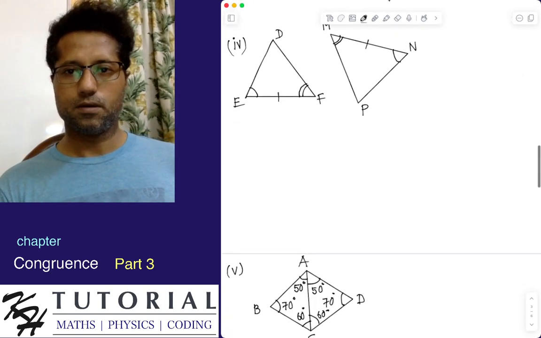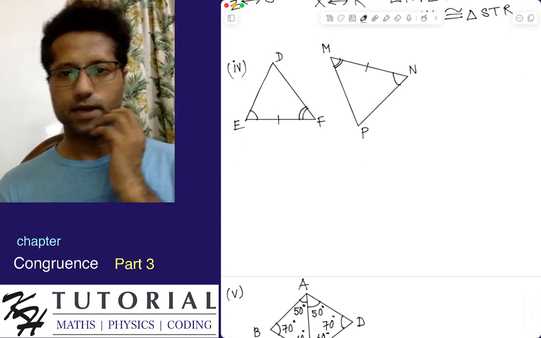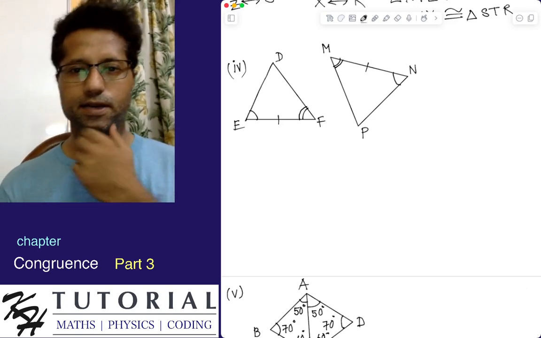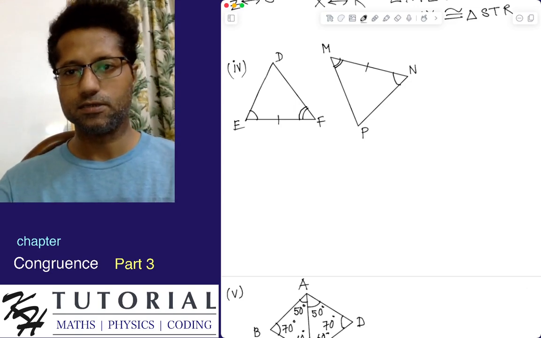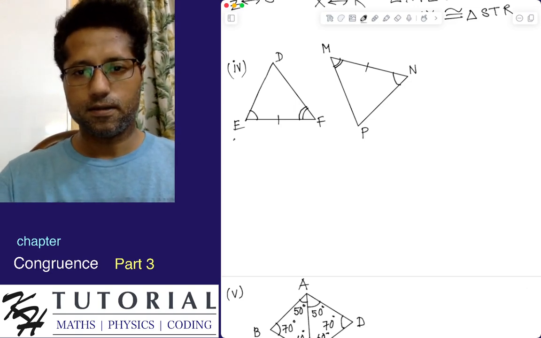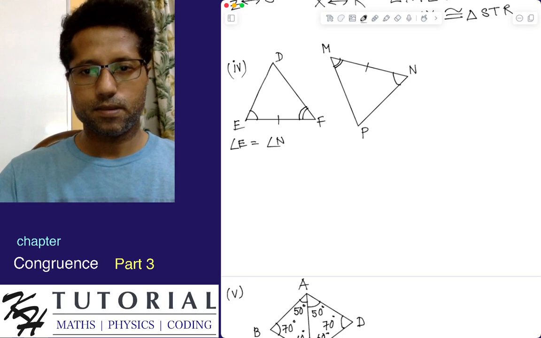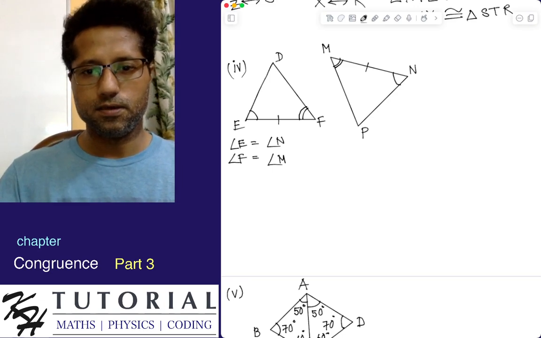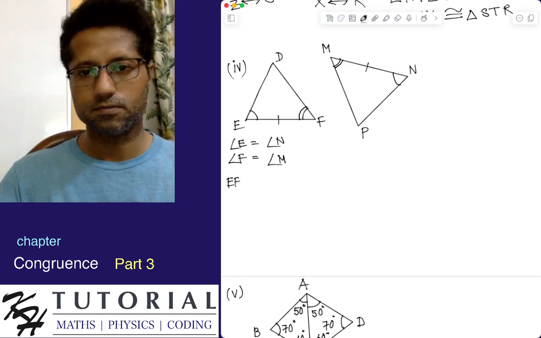Part 4. Okay, so we have the triangle DEF and triangle MNP, and we can see two angles are equal and one side is equal. From the figure, angle E is equal to angle N, angle F is equal to angle M, and EF, which I can also call FE, it doesn't matter, it's the length of the side, EF is equal to MN.